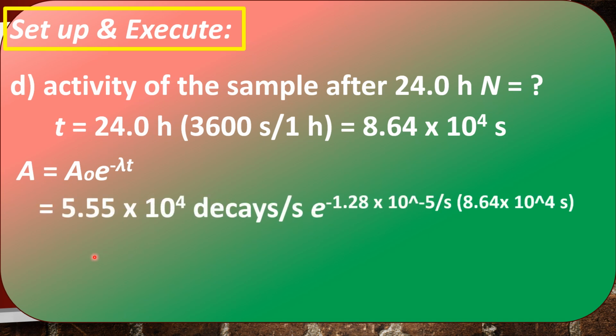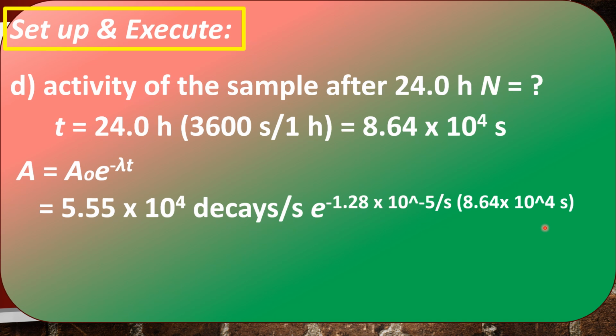So substituting the given values, we have for A naught 5.55 times 10 to the fourth power decays per second. And then the power for the Euler's number is negative lambda, that is 1.28 times 10 to the negative 5 per second to be multiplied by the given time t in seconds, which is 8.64 times 10 to the fourth power seconds.